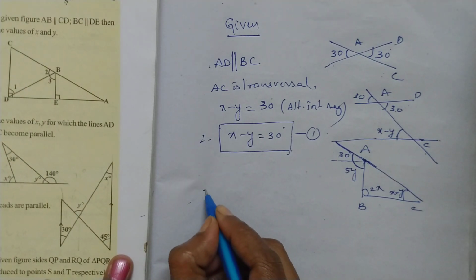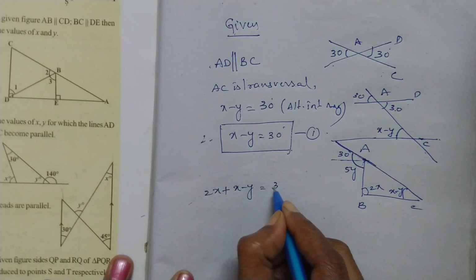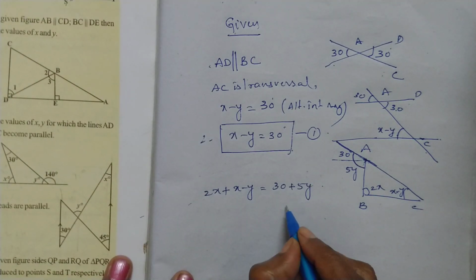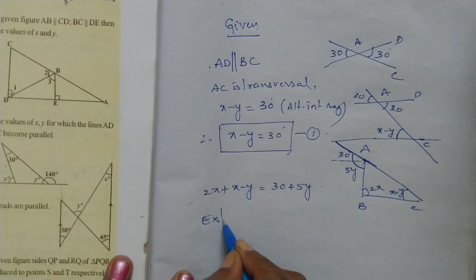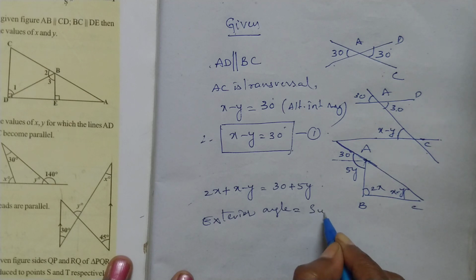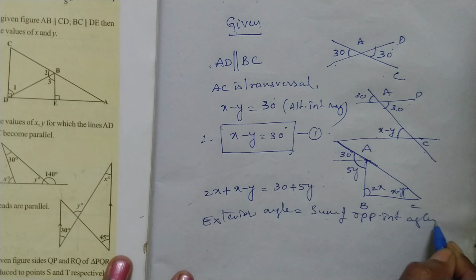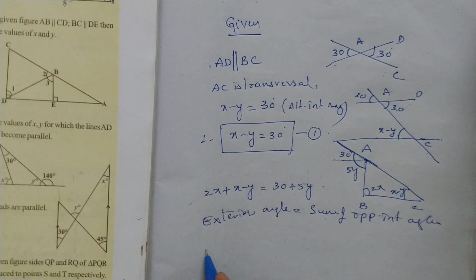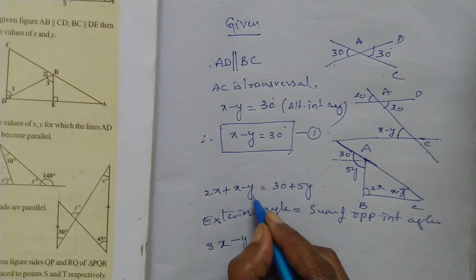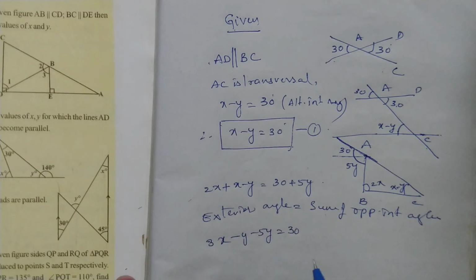Therefore 2x plus x minus y is equal to 30 plus 5y, because the exterior angle of a triangle is equal to the sum of the opposite interior angles. Now we'll solve this. 2x plus x is 3x, minus y, sending the 5y to the left side, minus 5y, equals 30.